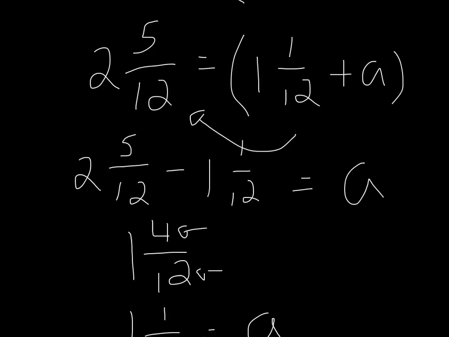I went ahead and did the problem and did not press the record button as I was talking and explaining it, so I'll go over it again. Please bear with me and watch. We have to try to isolate a, as I have mentioned before, and it's already on this side, so let's leave it there. Over here we have 1 1/12, which is positive because there's no negative sign here.